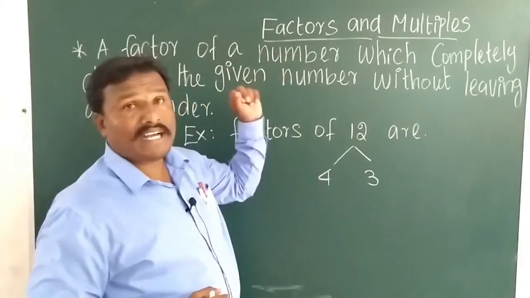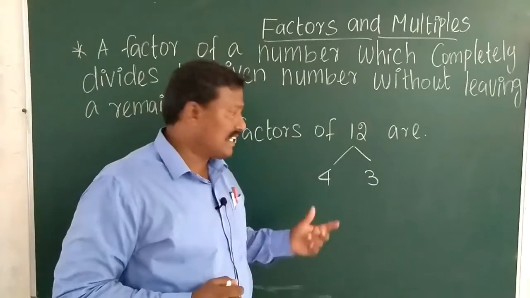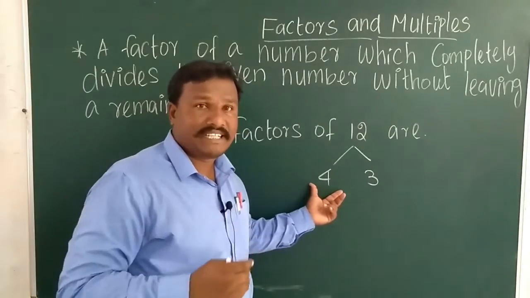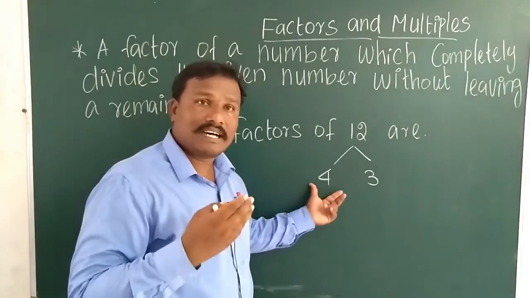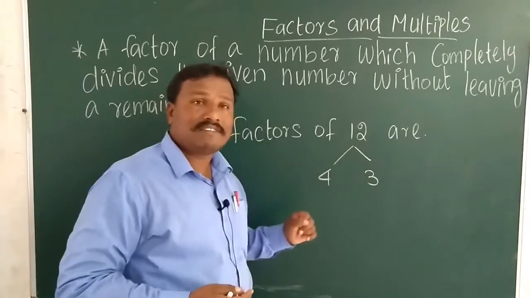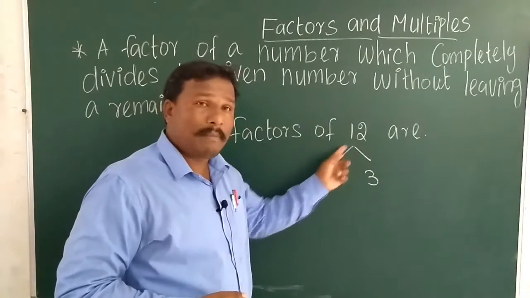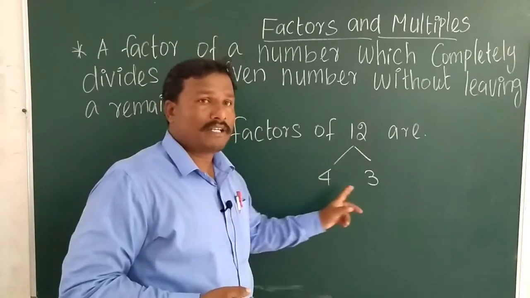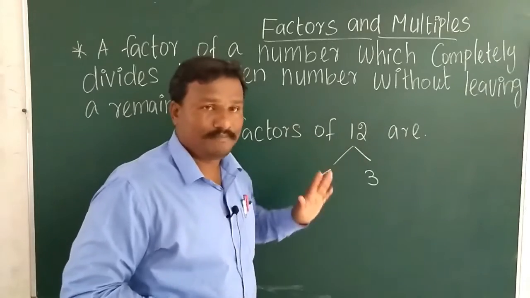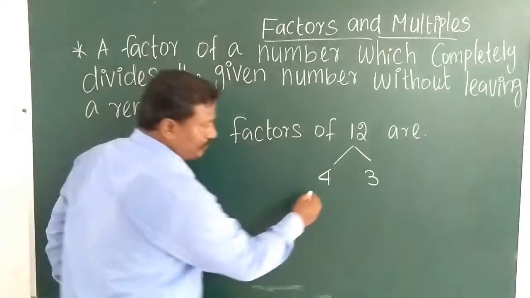Multiple means a number that another number divides completely without remainder. So 12 is a multiple of 4 and 3, but 4 and 3 are the factors of 12.